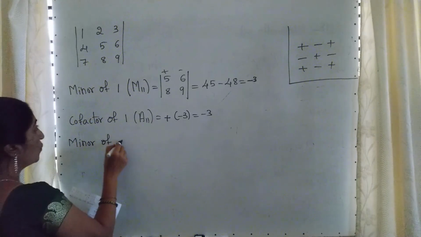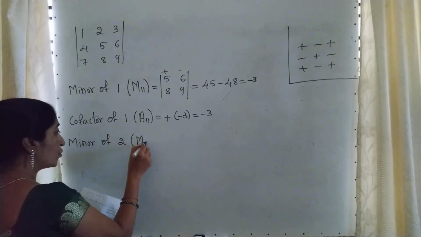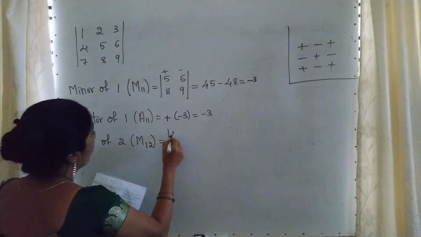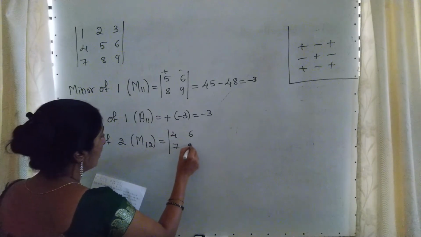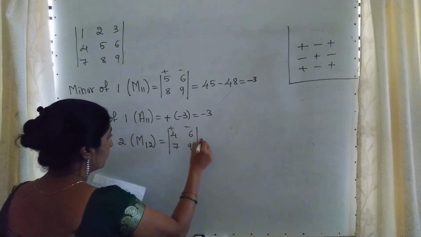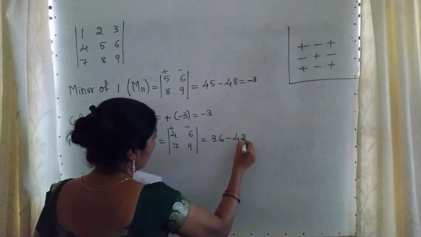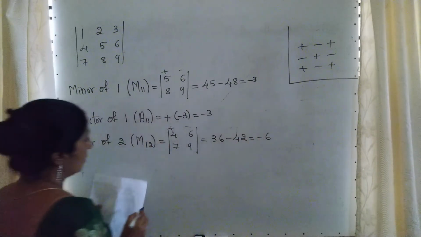Then minor of 2, it lies in first row, second column. First row, second column: 4, 6, 7, 9. It is minus 6.